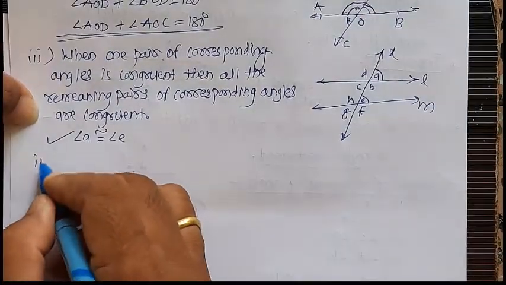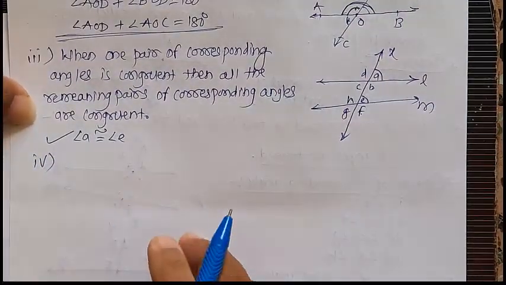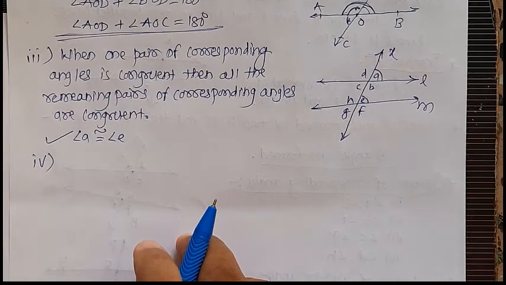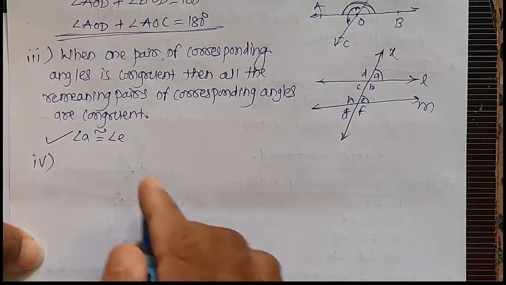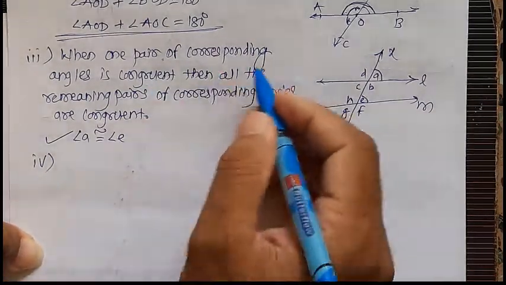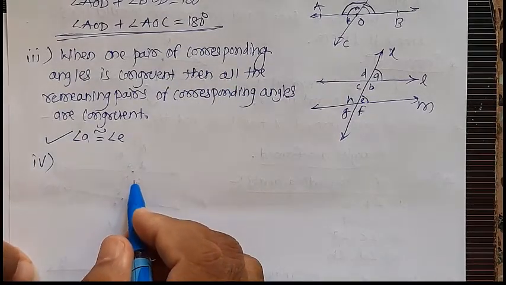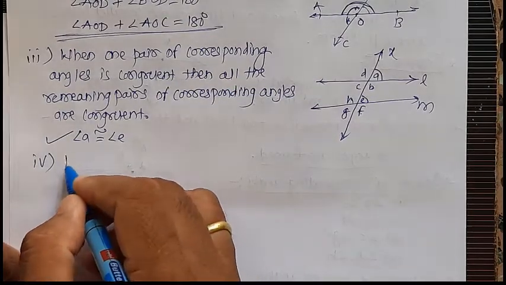Then the fourth property depends upon the alternate angles. It is the same property, only instead of corresponding we write alternate angles.